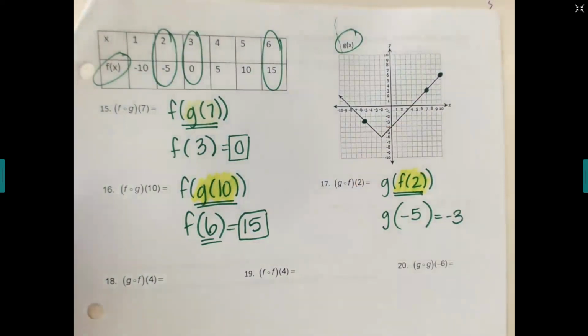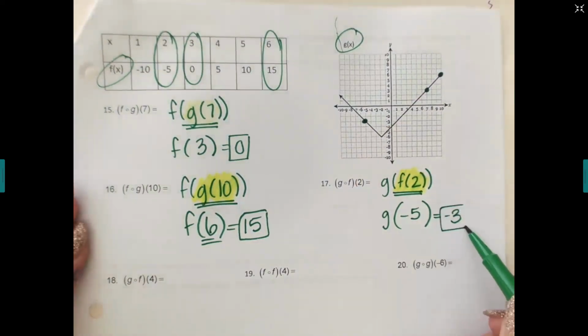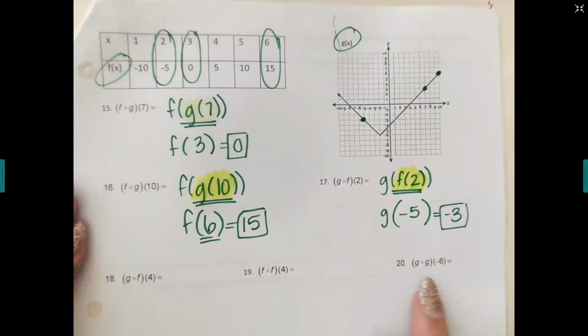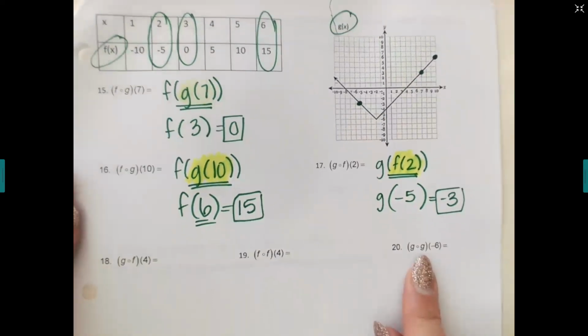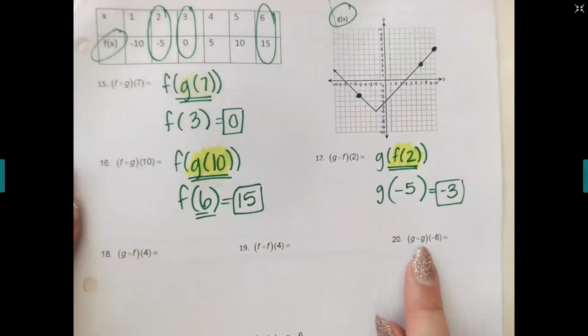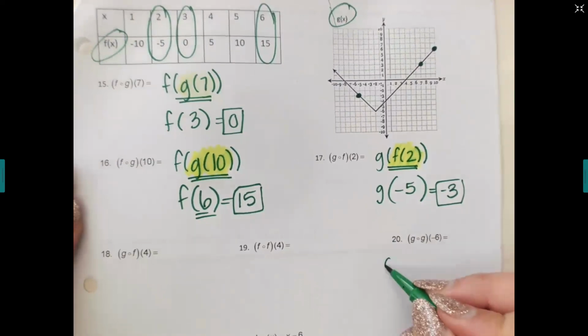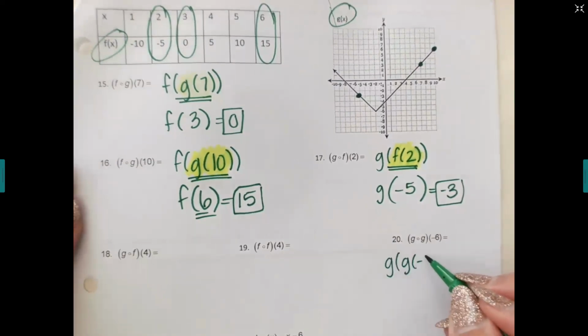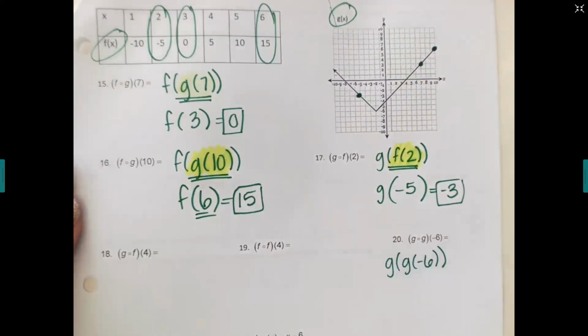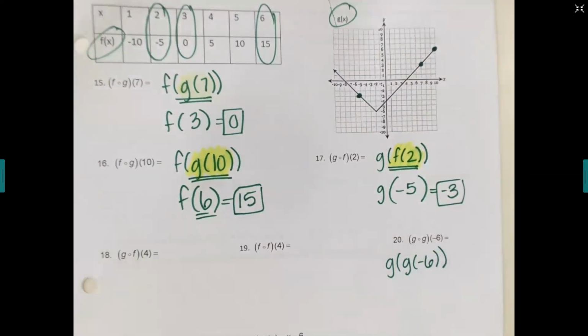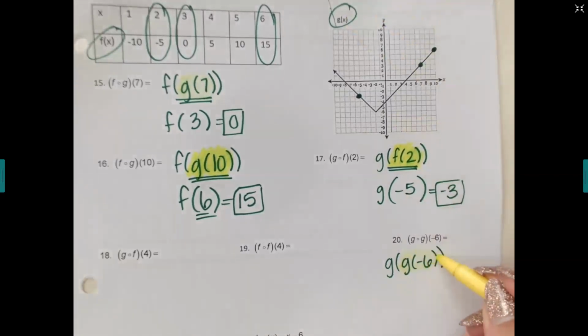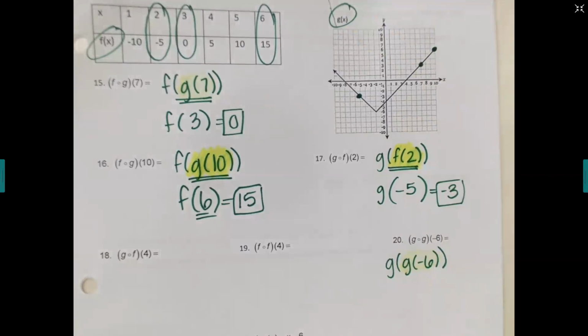All right, let's do just one from that bottom row. Let's say that we're doing this one right here. Remember, you can compose a function with itself. It's no problem. You're going G of G of -6. That means for this one, both times I'm using the chart for G. I'm going to find -6 first.